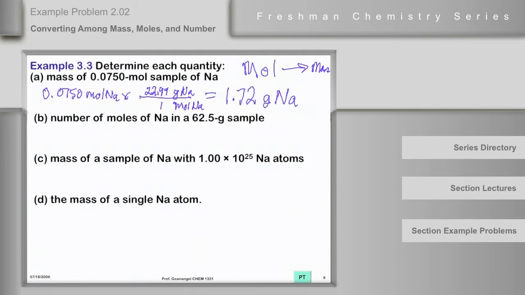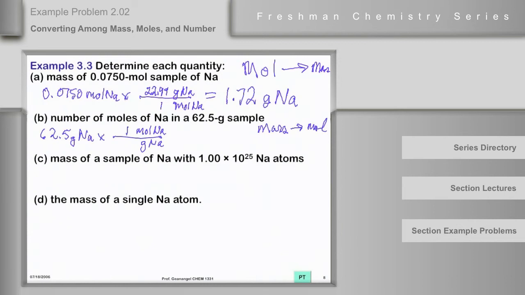B is the number of moles of sodium in a 62.5 gram sample. So that's a mass to mole conversion. Okay, so we'll start with 62.5 grams of sodium. We'll multiply that by a conversion factor that will have grams of sodium downstairs and moles of sodium upstairs.